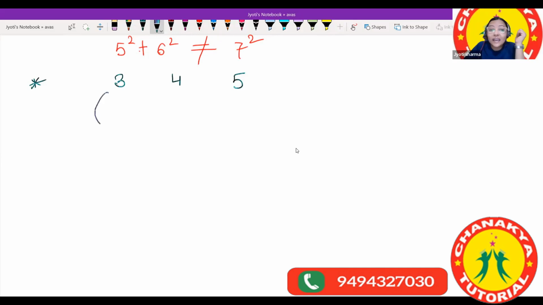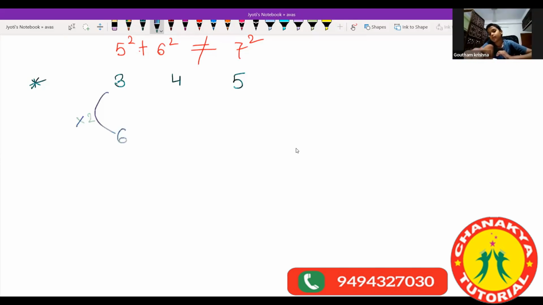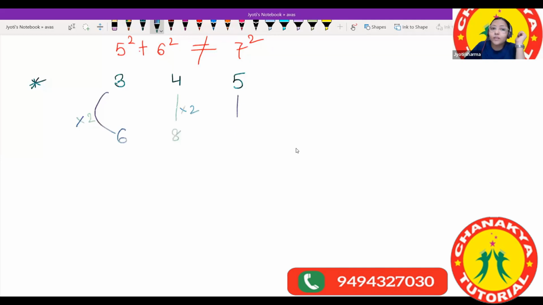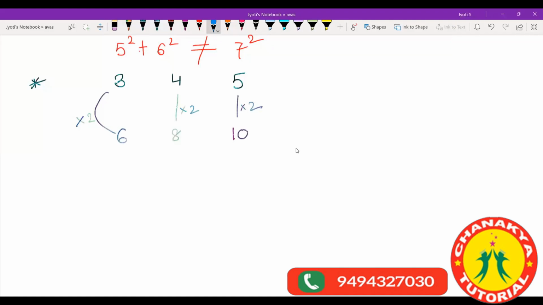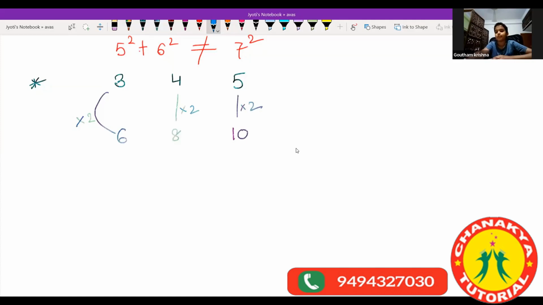Okay, let's check. Let's say if you multiply 3 by 2, 3 twos are 6, 4 twos are 8, 5 twos are 10. Do you think these numbers are a Pythagorean triplet? Some say yes, some say no. Okay, let's check. 6 square is 36, 8 square is 64.